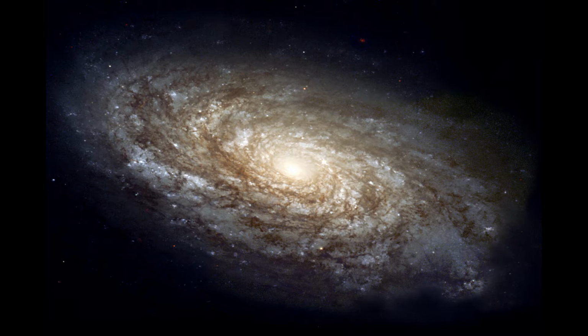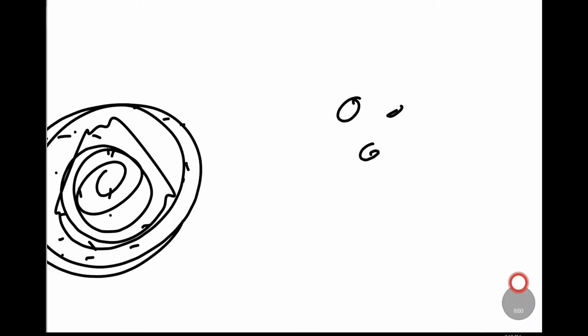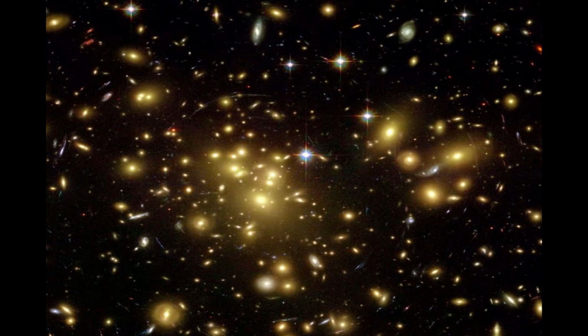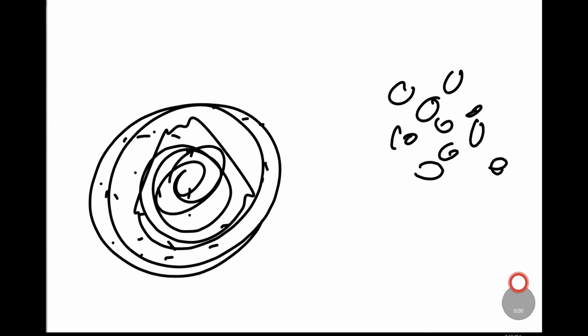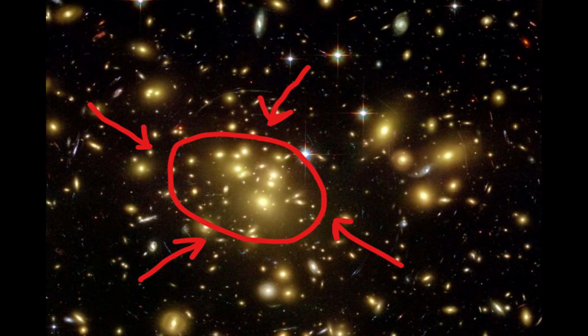And after that, you might have a galaxy cluster. See what I'm getting at? The galaxy has a central power source, and a galaxy cluster will have a central power source.